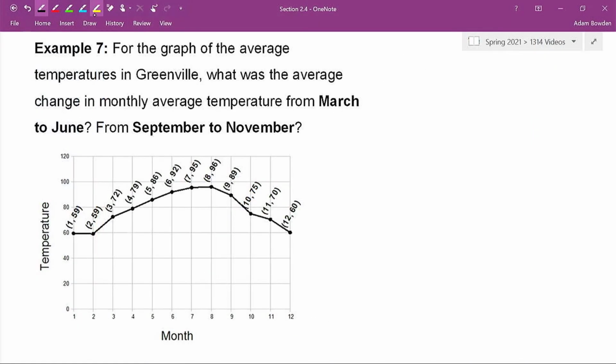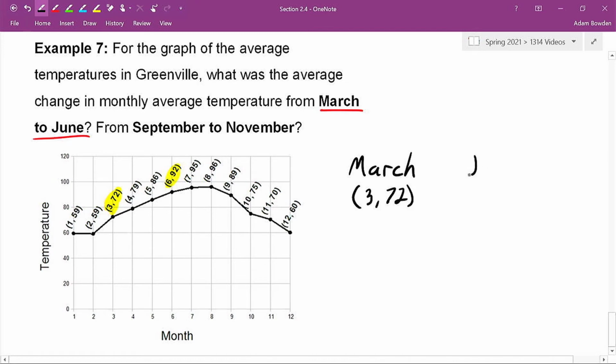So first off, the March to June time frame would be between the 3rd month for March and the 6th month for June. For March, we have a data point of (3, 72), and for June, we have a data point of (6, 92).